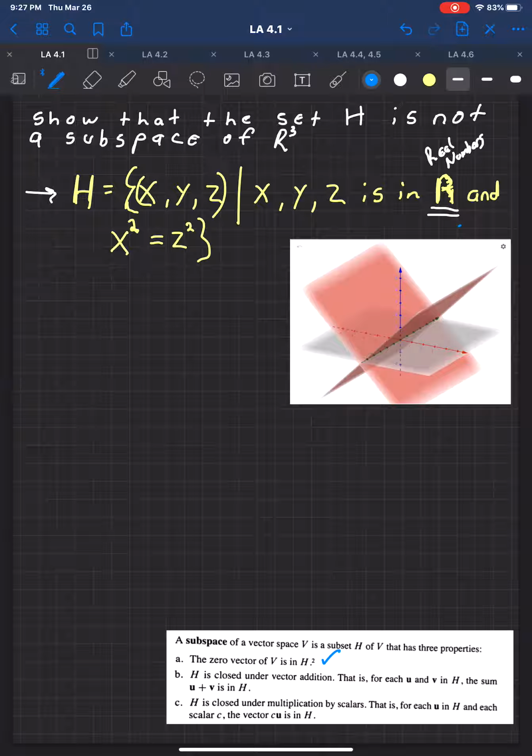All right, so what I'm going to do is go to vector addition.